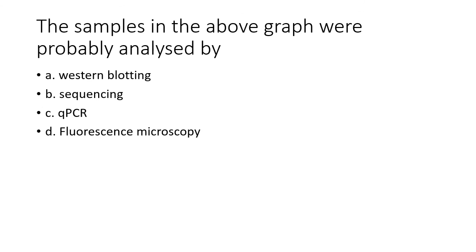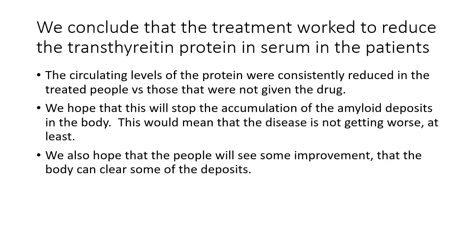The samples in the above graph were probably analyzed by Western blotting, sequencing, qPCR, fluorescence microscopy. Western blotting, of course. Okay, so we conclude that the treatment worked to reduce the transthyretin protein in serum of patients. Right? The treated people were consistently reduced, and it kept being reduced.